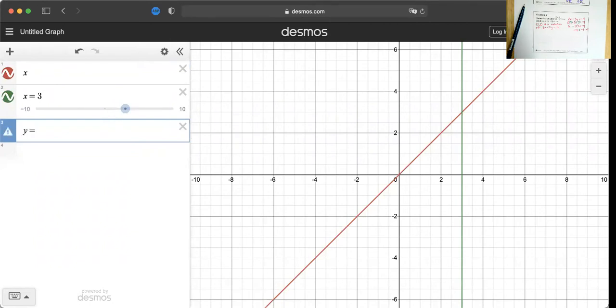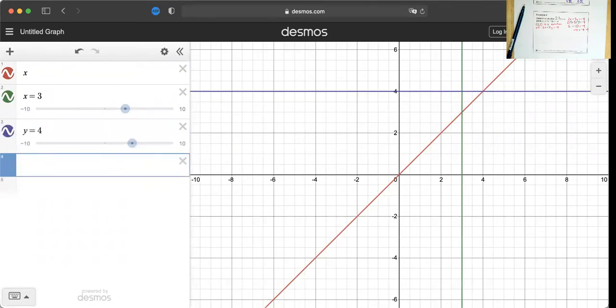Y equals 4 looks like that. So you can start to understand what it means that an equation is a line. Sometimes it's not a line, but an equation can be graphed. A lot of math can be graphed. It's a good place to explore.